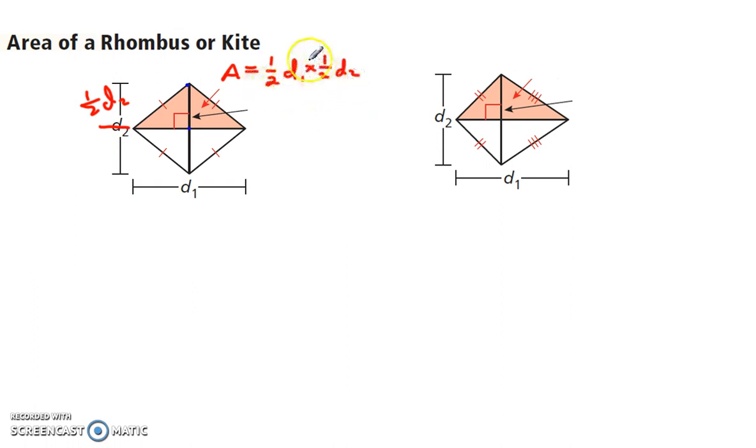Okay, and then we could simplify that and say, well, that's 1/4 D1 times D2. Okay, but that's just this triangle up top.